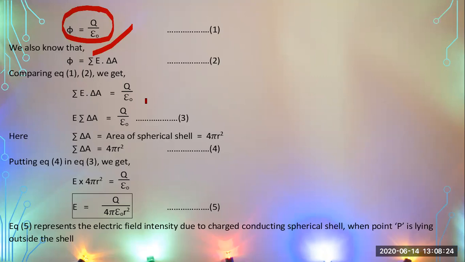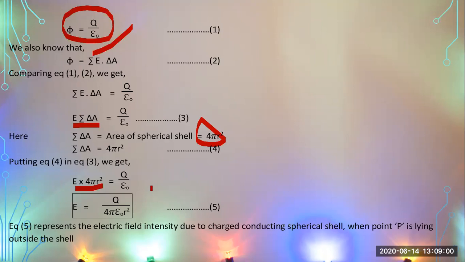After simplifying, you see that this is the total area of a spherical surface, and the area of a sphere is calculated using the formula 4 pi r square. When you put this value in the equation, you get E multiplied by 4 pi r square, the area of the sphere, equal to Q divided by epsilon naught.